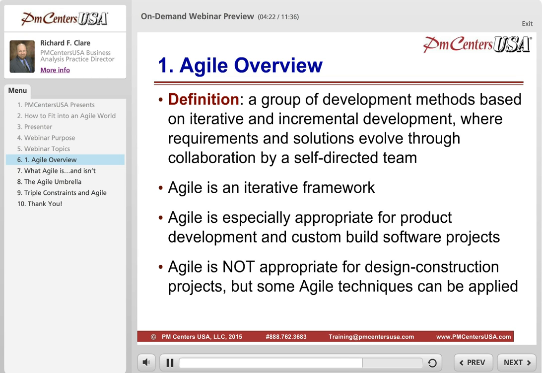What this does is it moves the methodology out of the area of design and construction and engineering and things like that, which Agile doesn't really work for, but broadens the scope a little bit from just plain old IT. Instead of just computer software, you can use Agile to build new products like new cell phones and things like that. Okay? Agile is a set of these techniques that involve iteration. You do small pieces of work completely and then you move on.